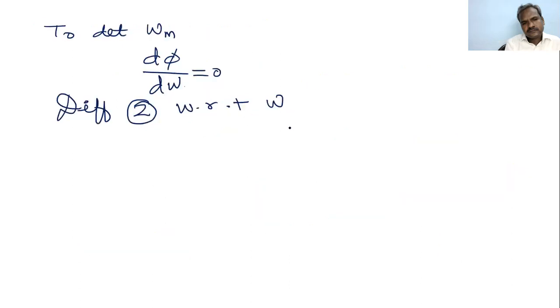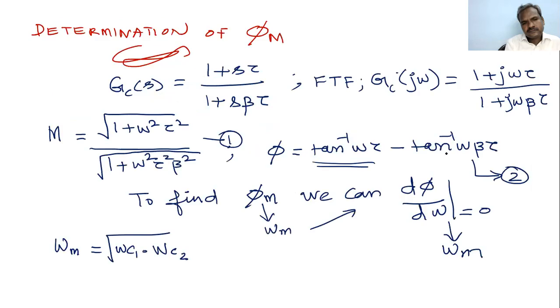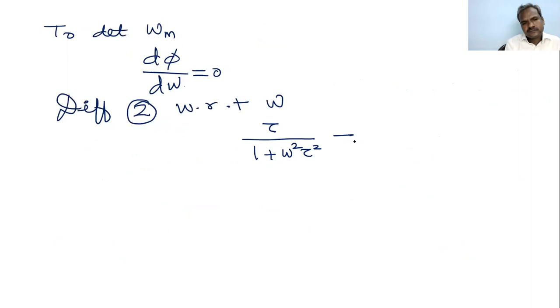So what do we get? Tau divided by 1 plus omega square tau square minus the differential of the second term, tan inverse of this. So what is that? Beta times tau divided by 1 plus beta square omega square tau square. This is the differential of this term, and this equals 0.